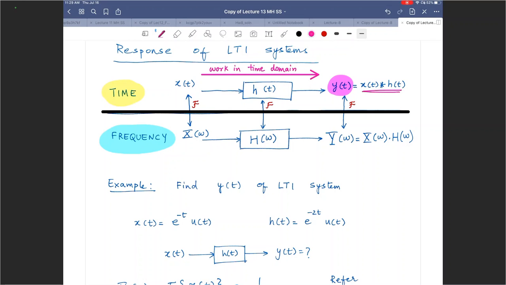That might not be the best option. Another option is this. What is that? That is, go to the frequency domain, multiply, find the inverse Fourier transform.